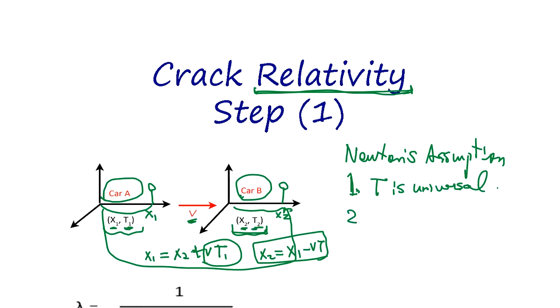Okay, and the second assumption is the absolute reference point. That means somewhere in the space you have one place that is the origin, so you can tell who is moving.